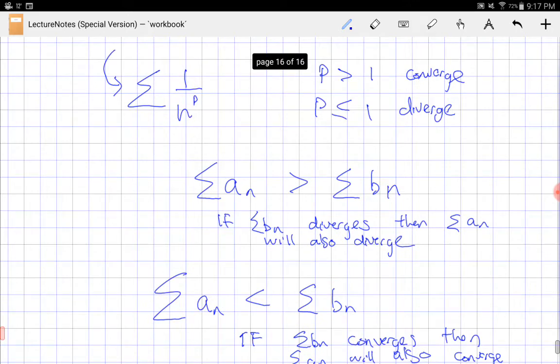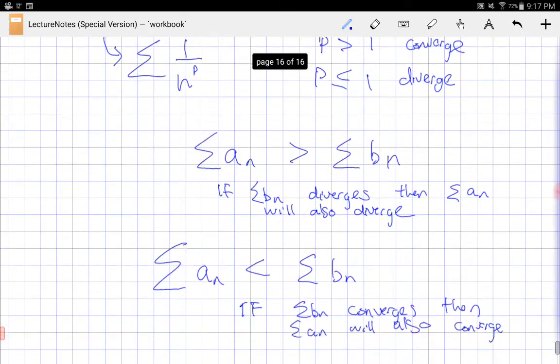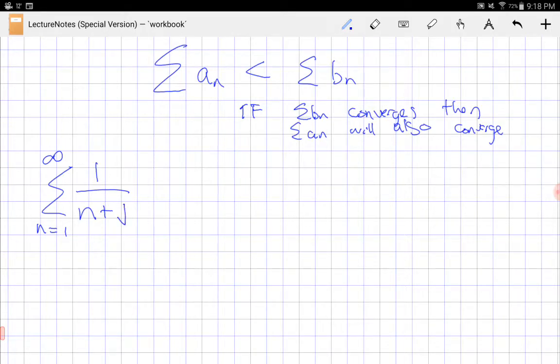And so we will do an example in which I will compare it to the p-series. For example, let's say you have the sum from n equals 1 to infinity of 1 over n plus the cube root of n.